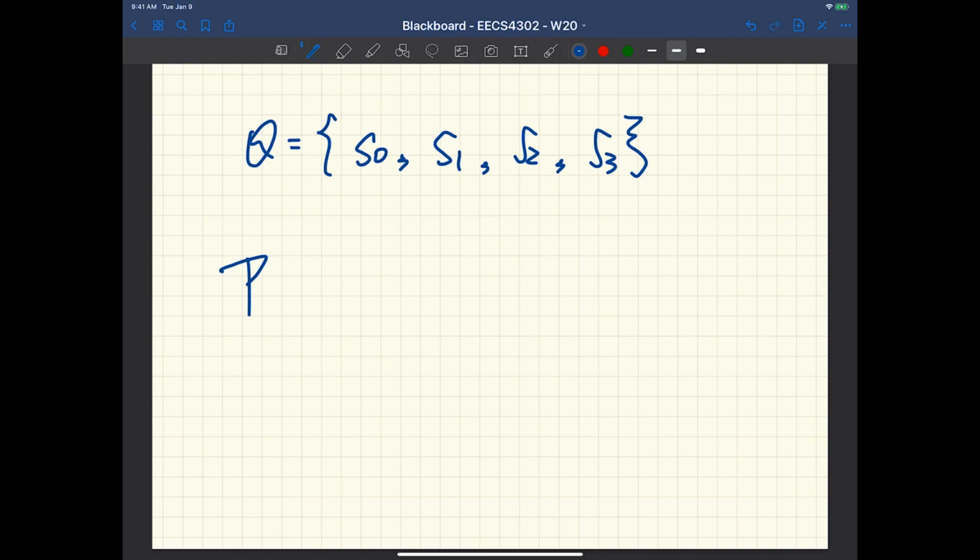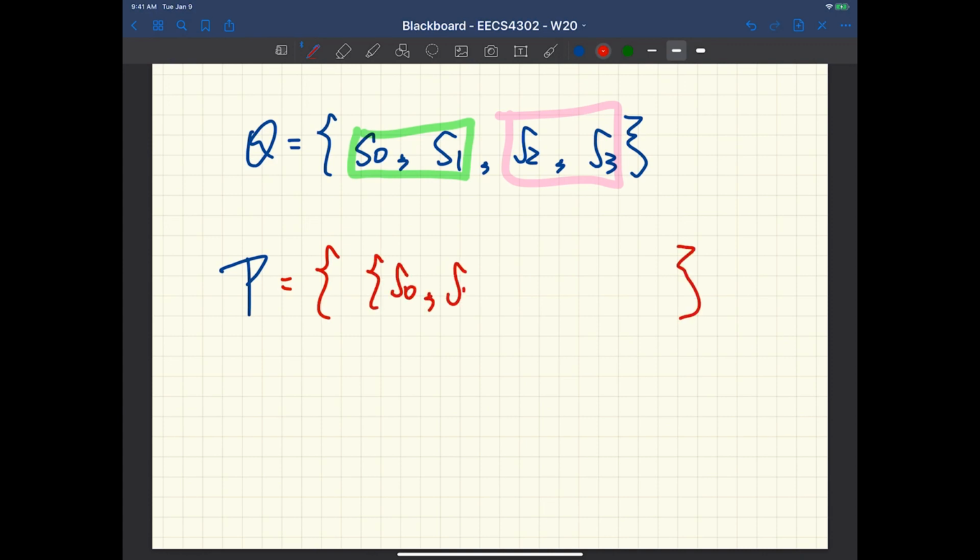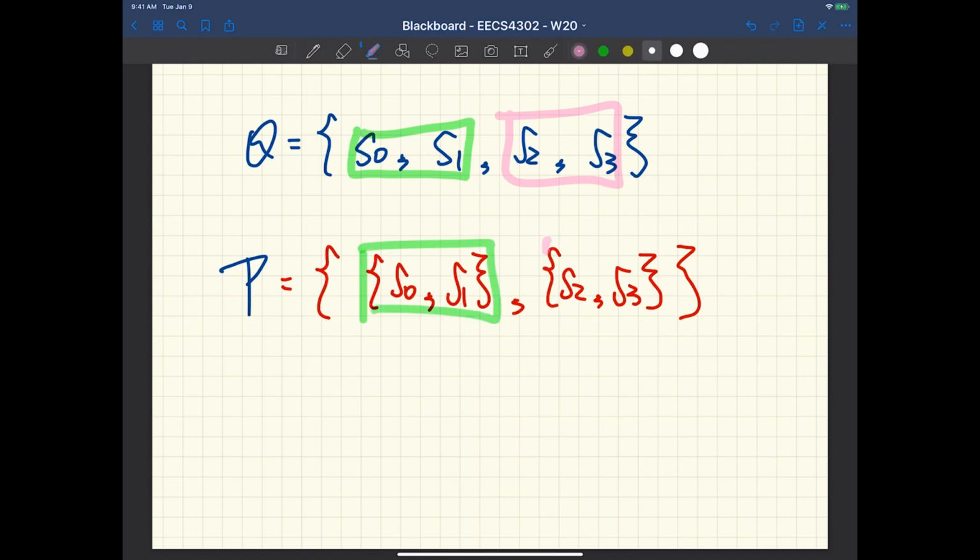For example, I might say I want to partition this into a first set, and a second set. In which case, P would be something like this. Would just be a set of sets, {S0, S1} and {S2, S3}. You can think about this as a so-called partition, right? This is one partition, this is another one.